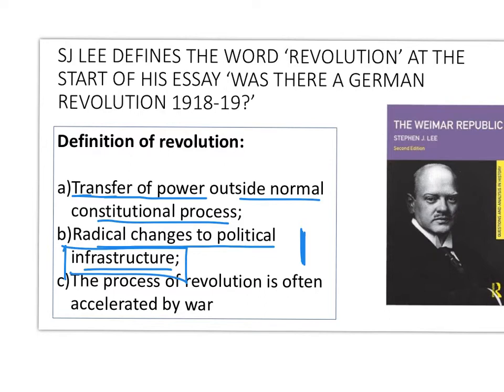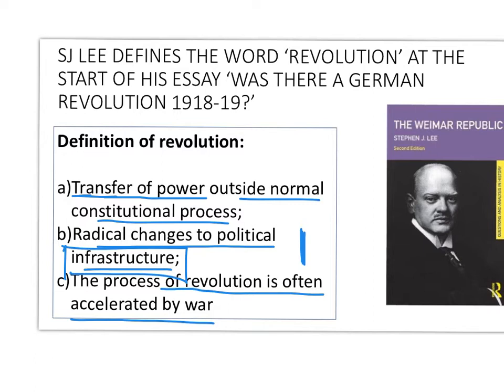And the third aspect, Lee says, is that the process of revolution is often, not always, but often, accelerated by war. So in a genuine revolution, more often than not, war is the accelerator.